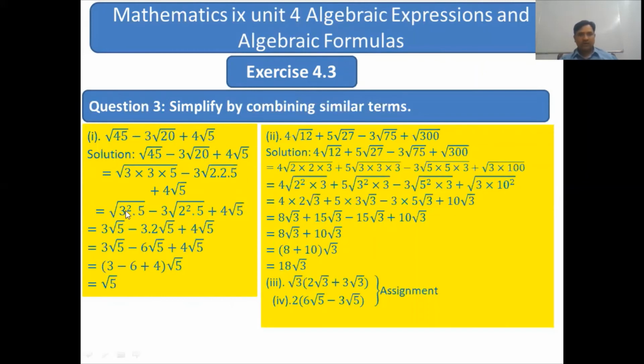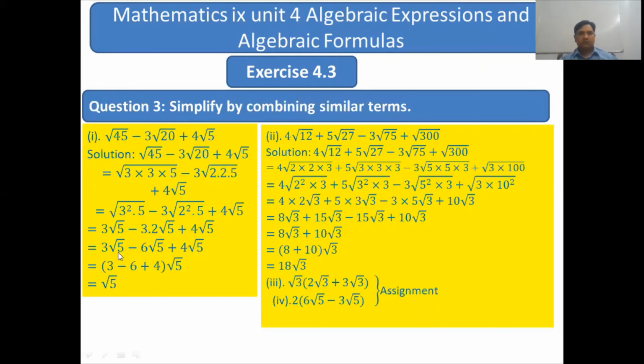So we can take 3 outside the radical sign. So there is 3 square root of 5 minus, and we can take 2 outside the radical sign, so 3 times 2 and square root of 5, plus 4 square root of 5. So we can simplify as 3 square root of 5, 3 2s are 6, so minus 6 square root of 5 plus 4 square root of 5.